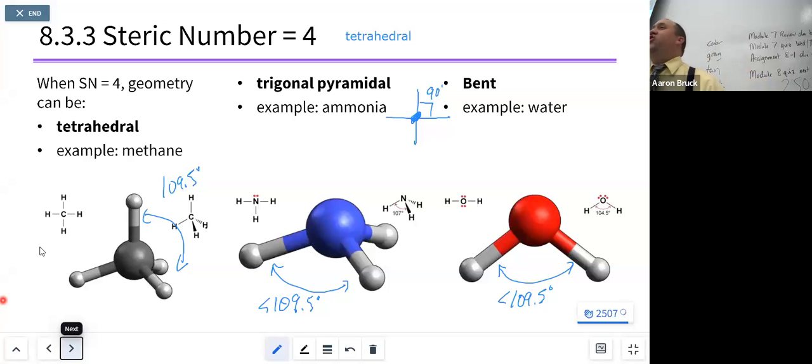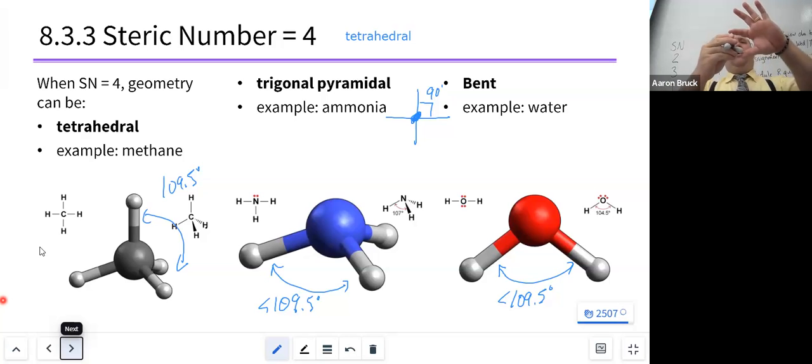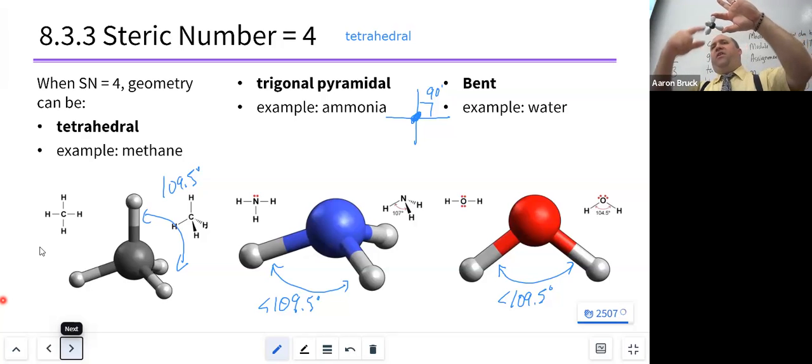Now, if you want to kind of show this to yourself, grab your model kit and hold it straight in front of you, holding two of the pegs. These two pegs, along with the center, would represent a two-dimensional plane kind of right in front of you, like you were looking at it on a piece of paper.